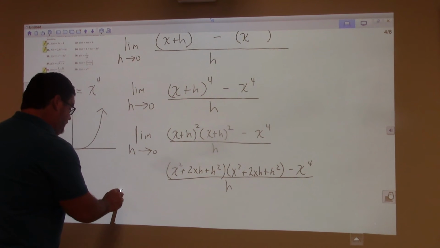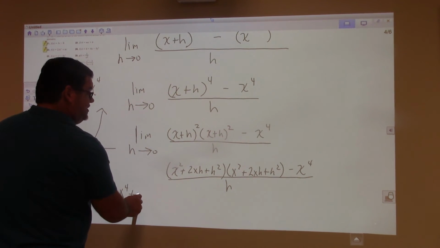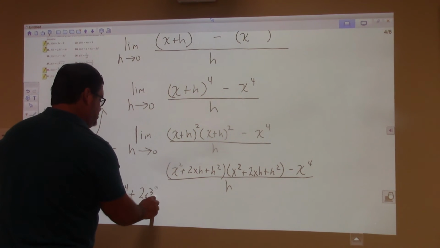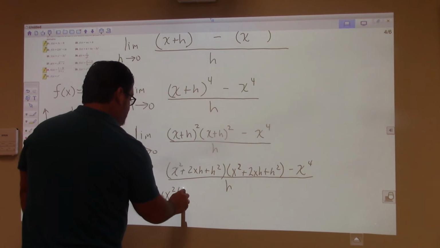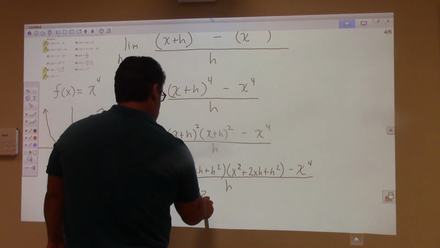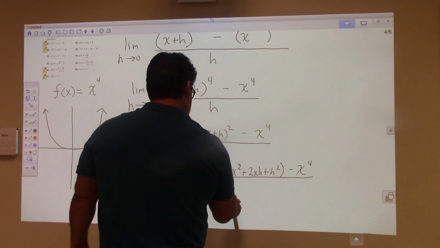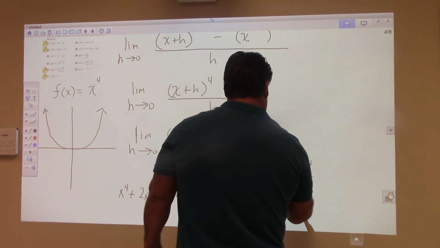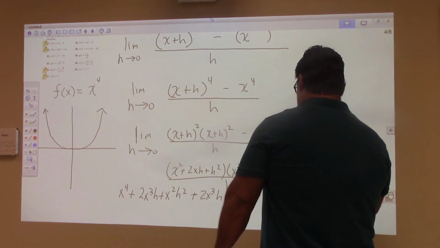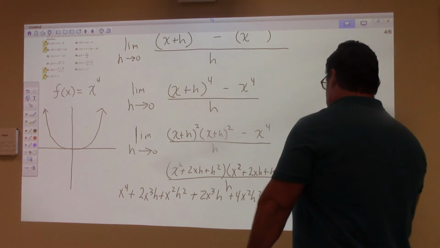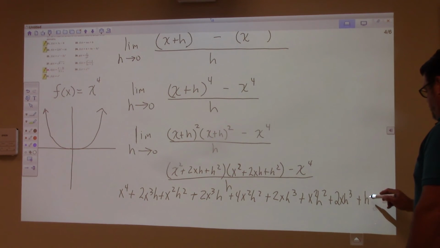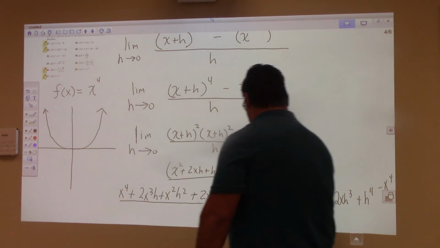And that's going to give you x to the fourth plus 2x cubed h plus x squared h squared plus 2x cubed h plus 4x squared h squared plus 2xh cubed plus x squared h squared plus 2xh cubed plus h to the fourth minus x to the fourth, all over h.